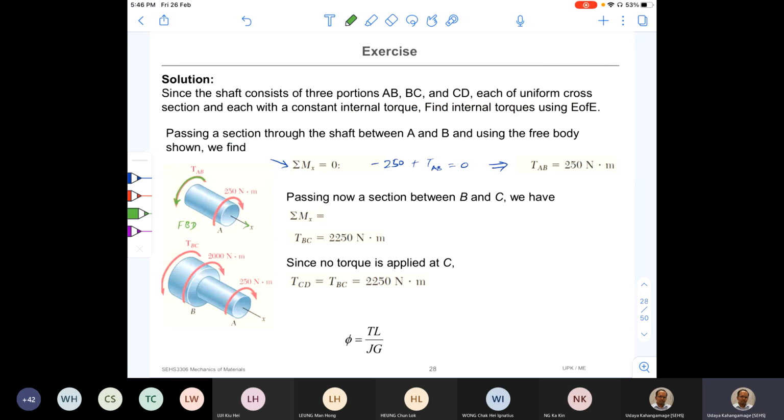That is what I have drawn here, the FBD, and the internal torque between B and C is marked as TBC. Again, we are going to write the moment balance, taking the positive x direction in this direction. Can you write the equation now?